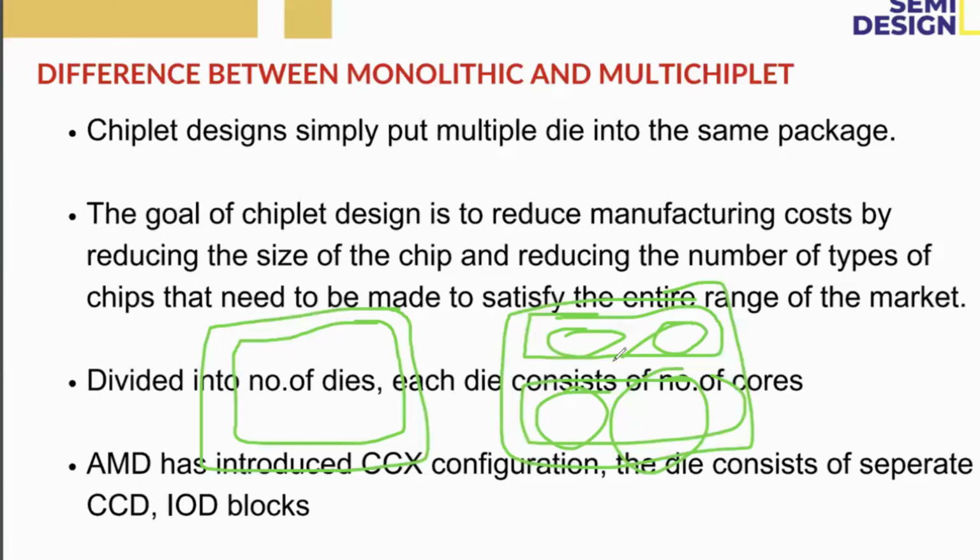Core comes under the CPU, the processing unit under CCX. Core is also a processor, but we call it a core. So in CCX we divide into a number of cores, and a number of IOD devices. Then what will be the advantage?